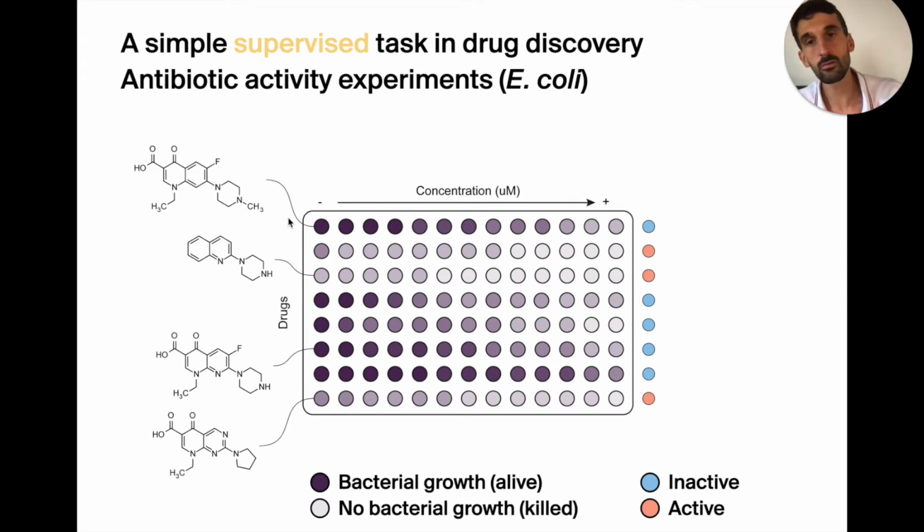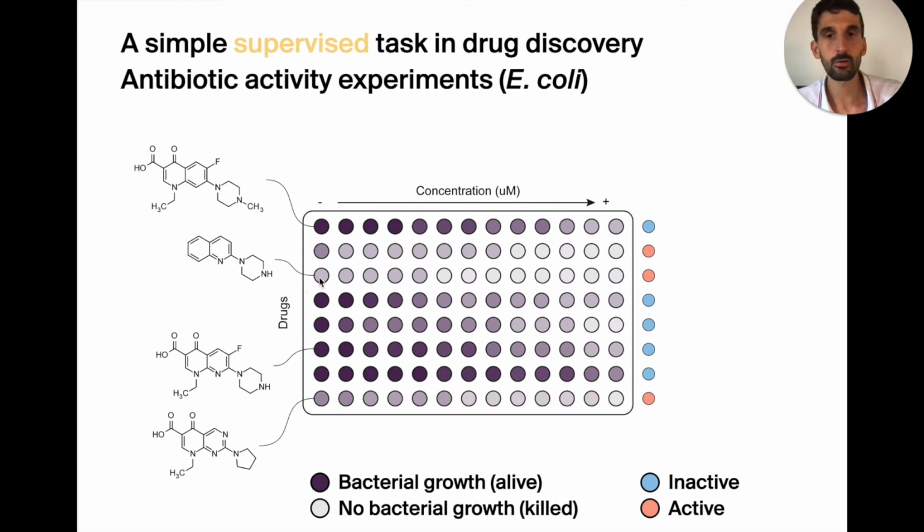The lighter the well, the less the growth of the bacteria, that is, the bacteria are dying. In each row, here we are dosing a particular drug candidate. So a drug that is dosed and remains dark means that this molecule is not killing the bacteria, so we label it as inactive.